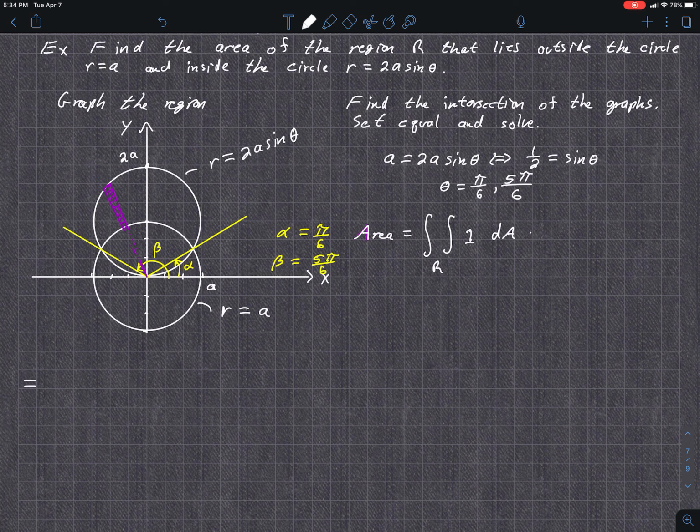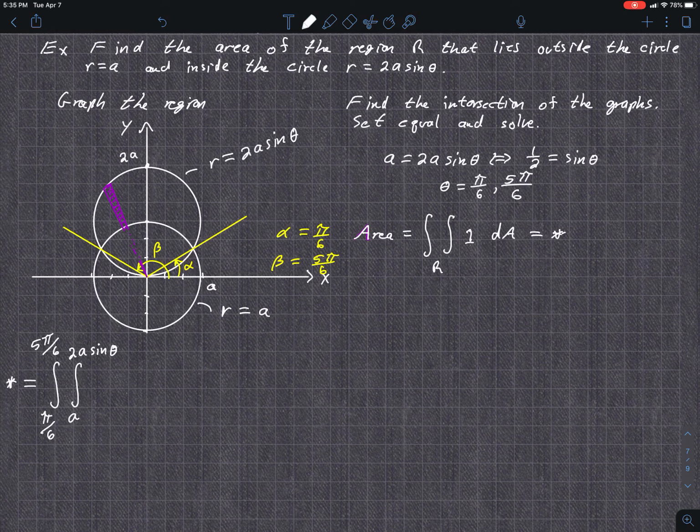And we say, then, let me come down here, give us some room. This is equal to the double integral as r goes from a to 2a sine theta, and your theta goes from pi 6 to 5 pi 6.